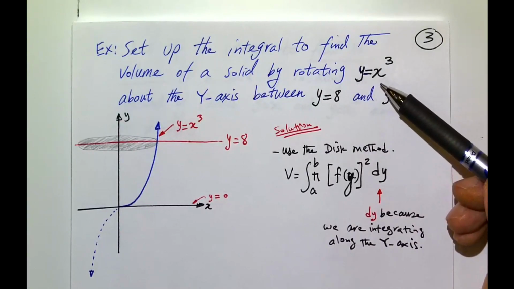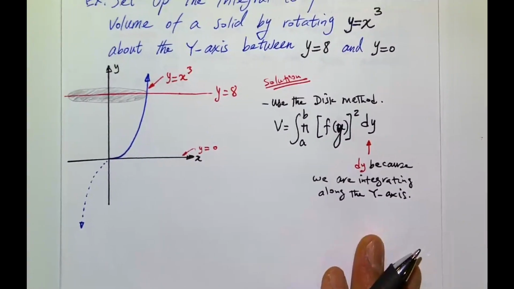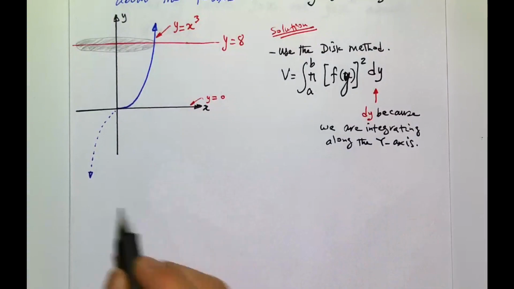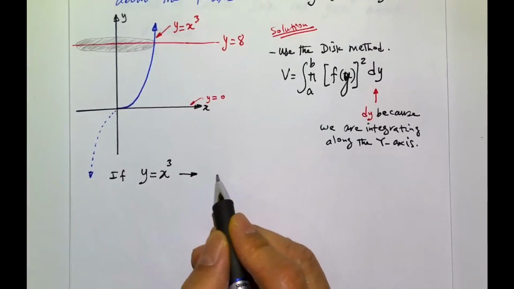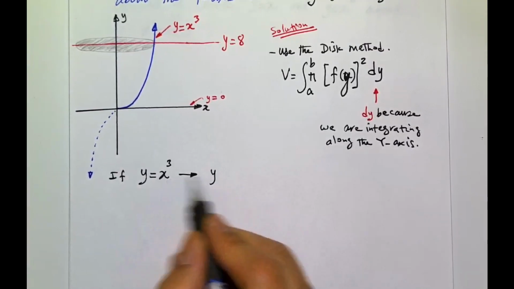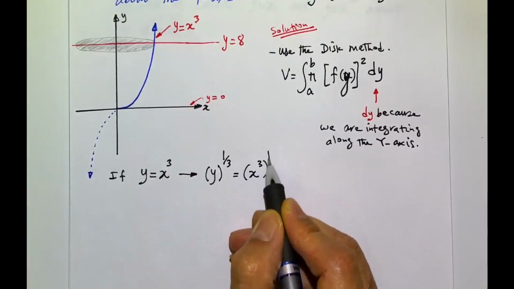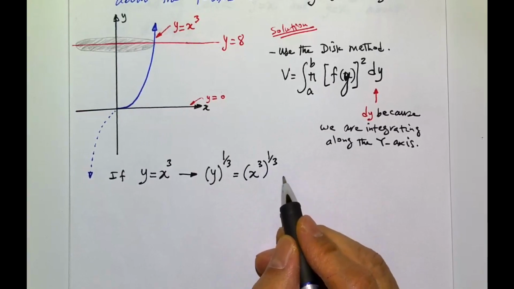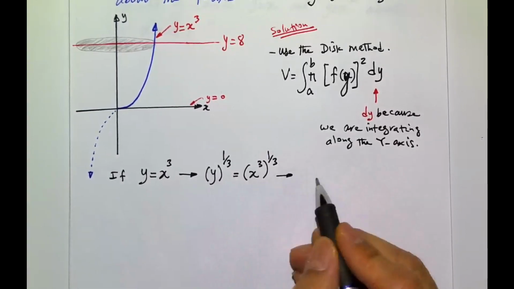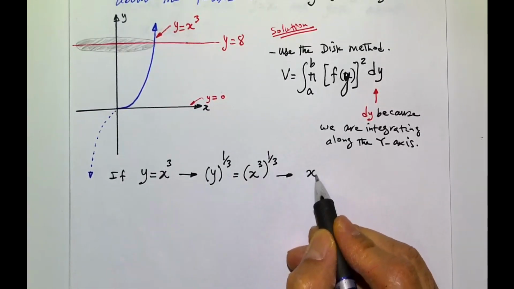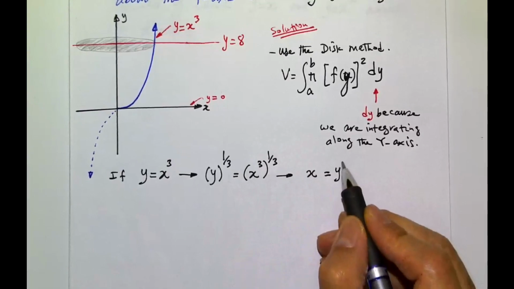So we need to rewrite that as f of y. So let me start that here. If y equals x cubed, then raising both sides to the 1/3 power, let me switch things around, that would be x equals y to the 1/3 power, right?